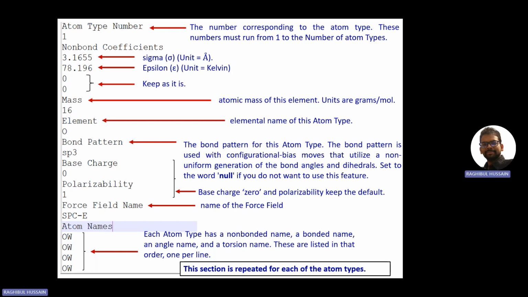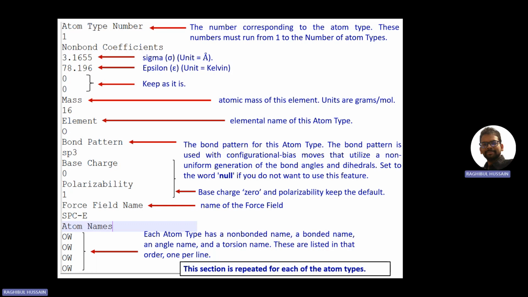If you want to change, the option is there. You can give a different variable to the bonded. So this represents non-bonded, bonded, angle, diagram. If you want to give another variable for this, you can. Normally, we keep only one variable for one atom type. The atom type for OW, oxygen OW. So you put OW.